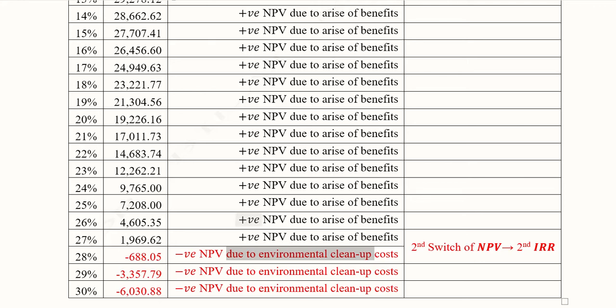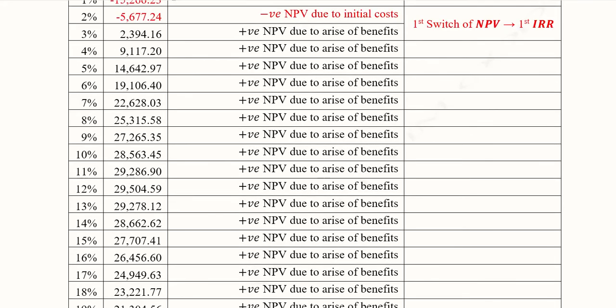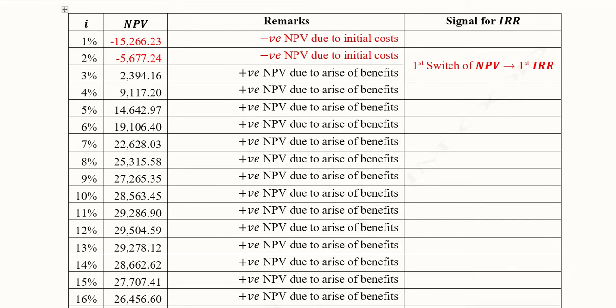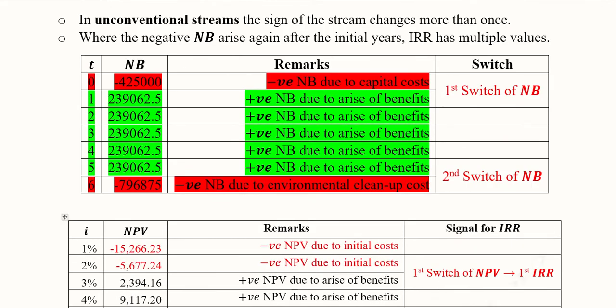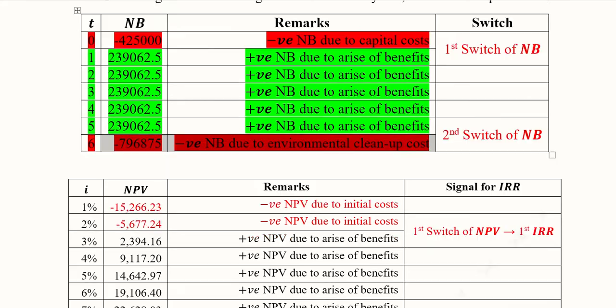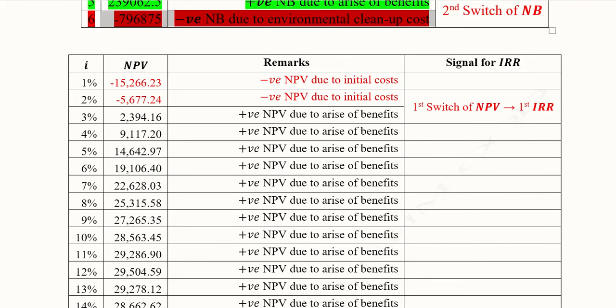But we need to observe this unusual trend, because usually when we increase the discount rate, the NPV decreases, but here it is increasing up to this point, and then decreasing after it. This can be attributed to the negative net benefit at the end, due to which the relationship between the discount rate and NPV is not as usual for the first 12%.